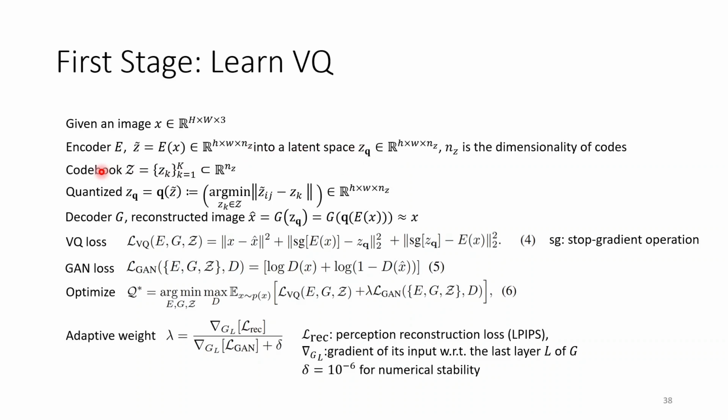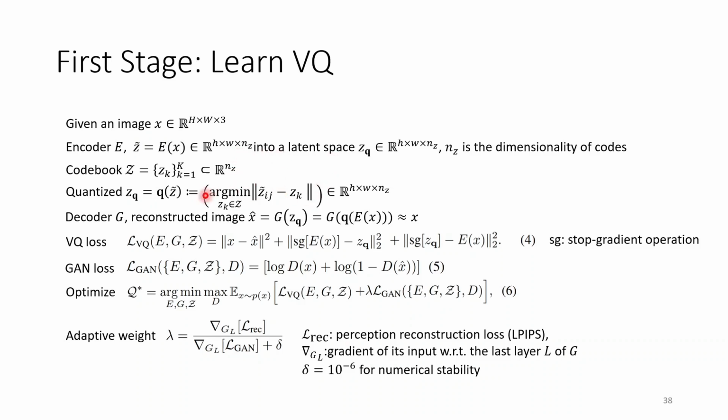They design a codebook, and there are K latent codes in the codebook, and each of the codes has dimension n_z. Quantize means when they convert the image into a latent space, they need to pick the one most similar in the latent codebook.